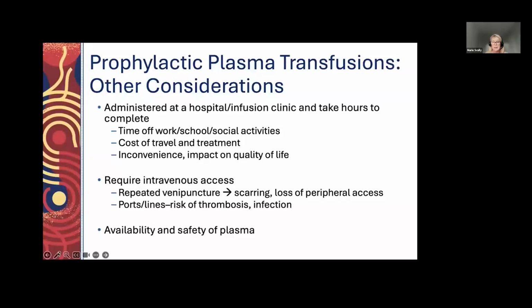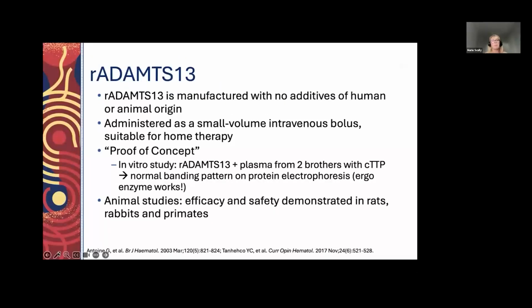The need for intravenous access can be very traumatic, having to have repeated venipuncture, which becomes more and more difficult with time. And the use of permanent lines, while attractive in their own right, have a number of complications. And finally, the availability and safety of plasma.